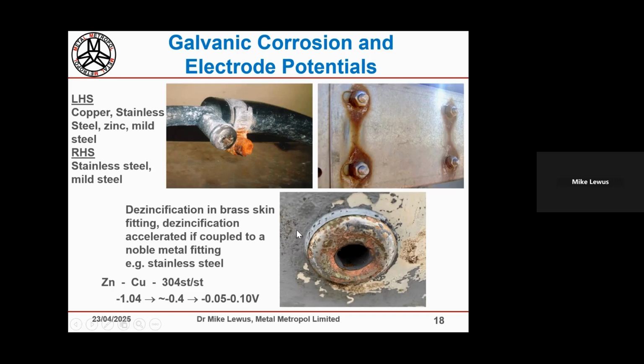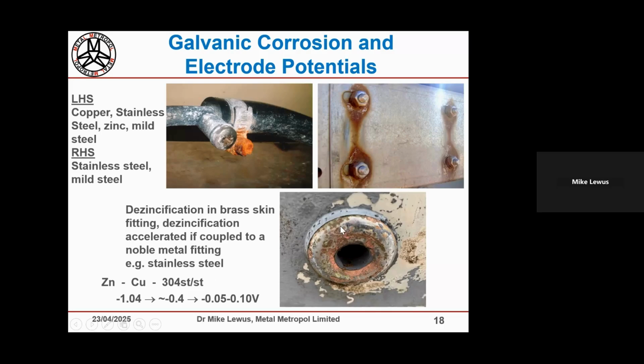And another common case is something like a brass skin fitting. Well, I don't think it's typically recommended using brass as a skin fitting. But interestingly, because some brass has typically got zinc and copper-rich phases, you've already got two metals in different proportion ready to generate a level of galvanic corrosion.